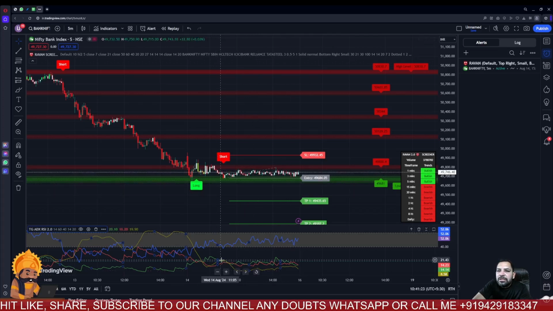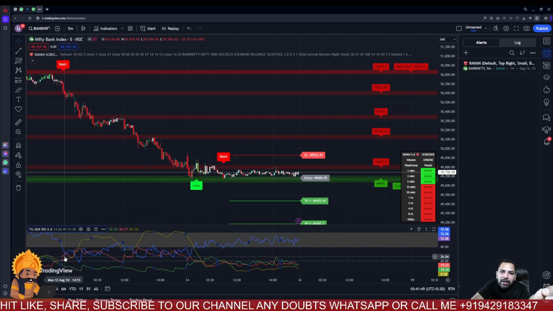Next, you can see these three lines below. What do the three lines indicate? The green line indicates positive momentum. You can see the green line is below this 20 line, the 20 level for ADX. Whenever you want to go in a bearish trend, you have to look at the red line. Red is the directional index minus, which indicates sell momentum.